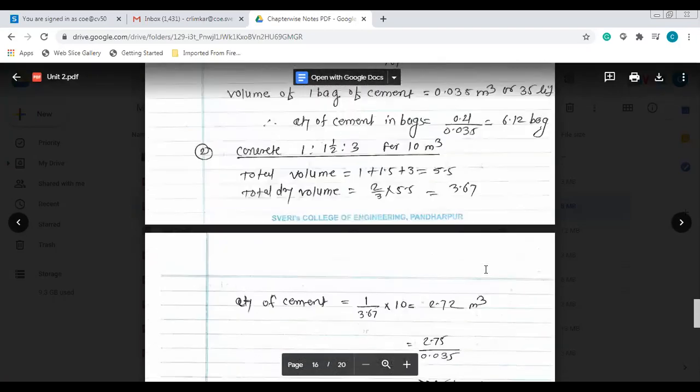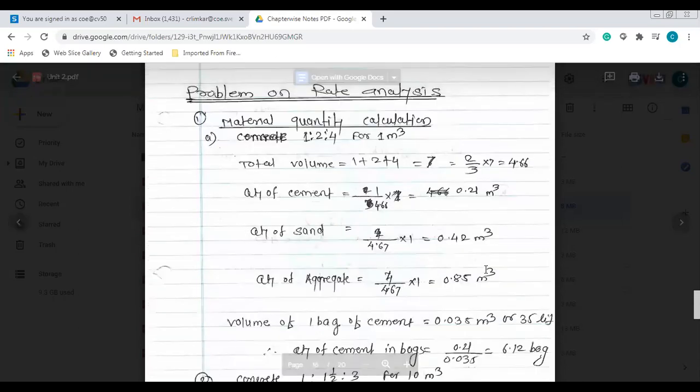So we'll move towards the problems, the rate analysis.